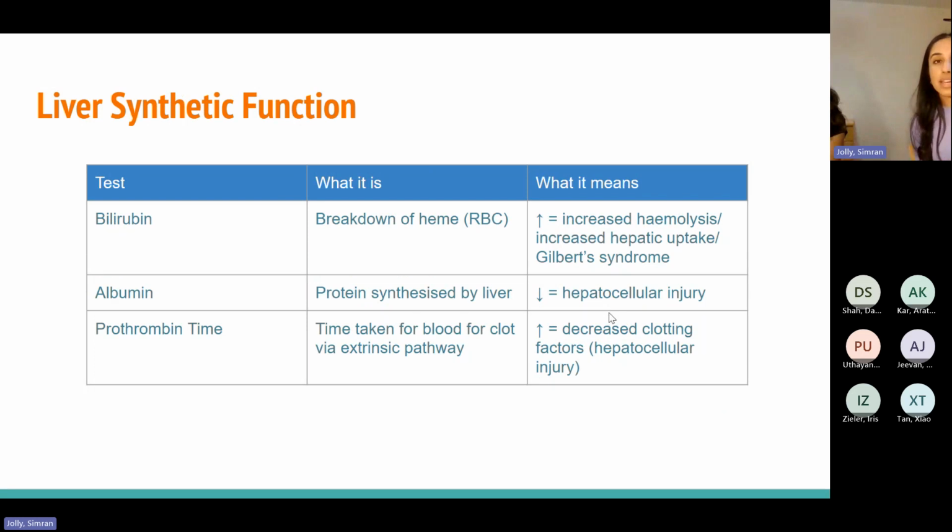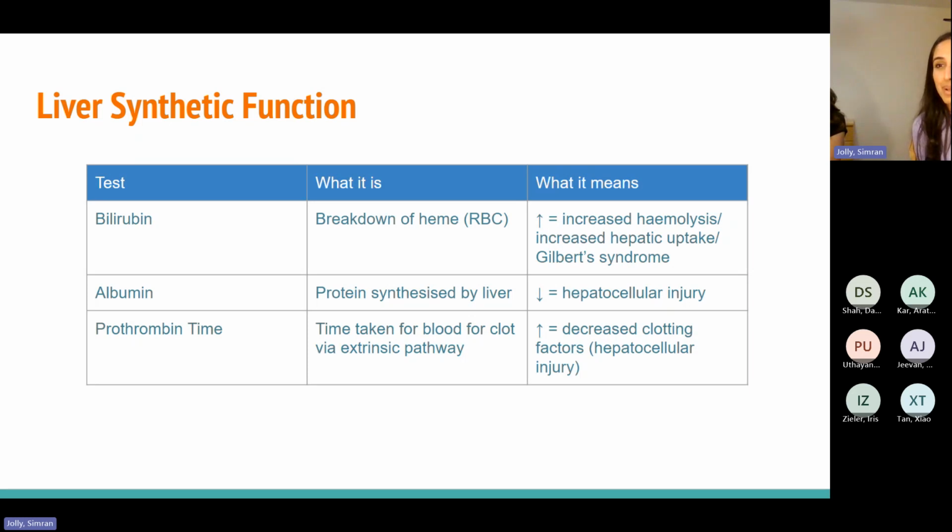Then looking at your synthetic functions, your bilirubin is essentially a breakdown product of heme from your blood cells. If it's increased, it implies some sort of hemolysis, or if you're producing bilirubin faster, it can be conjugated, so something like Gilbert syndrome.